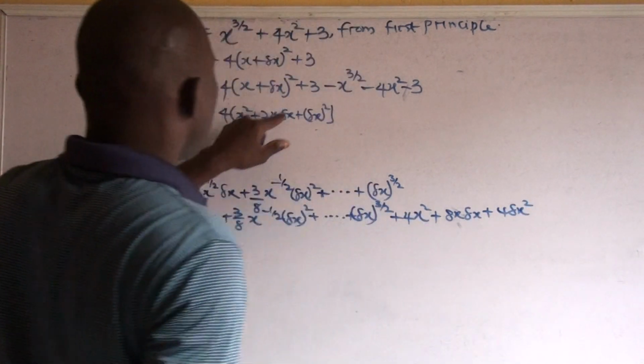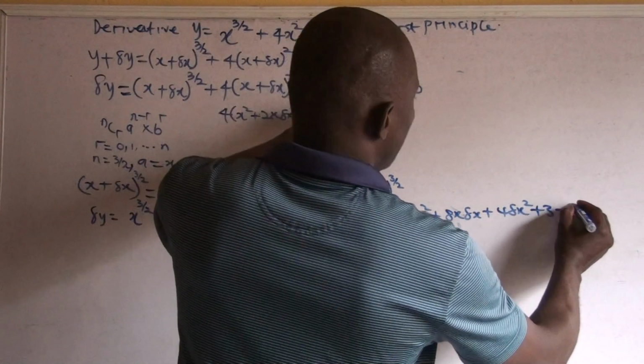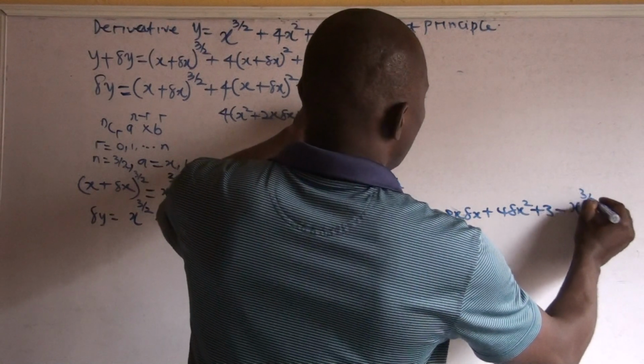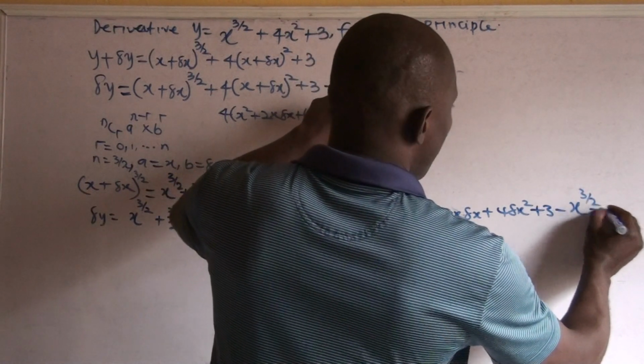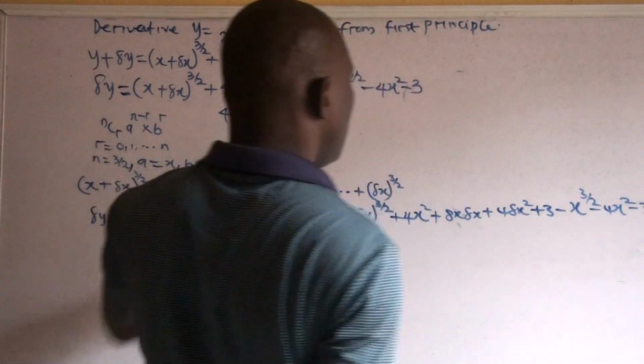Here we say plus 3 minus x raised to power 3 over 2 minus 4x square minus 3.